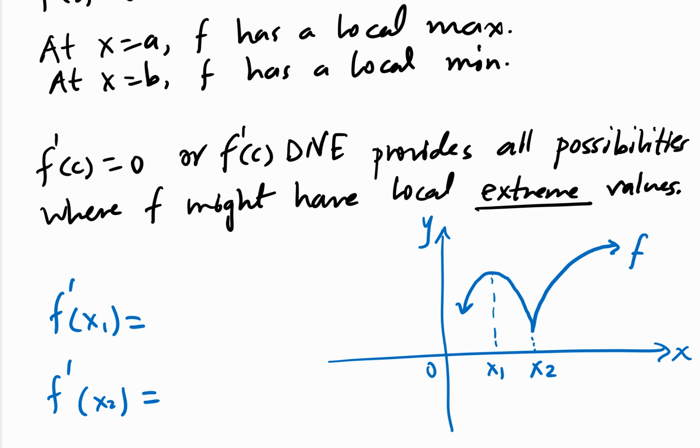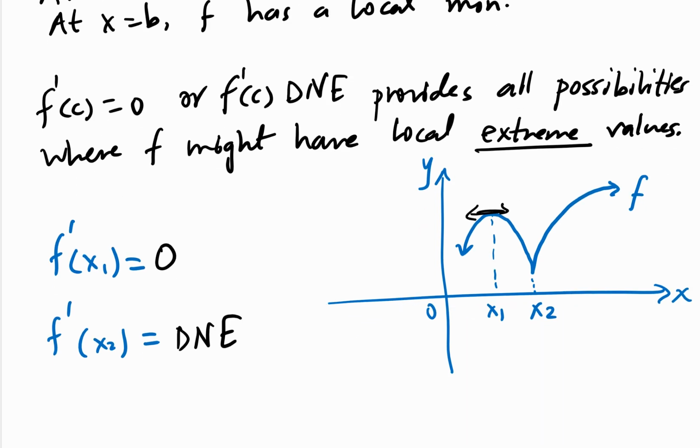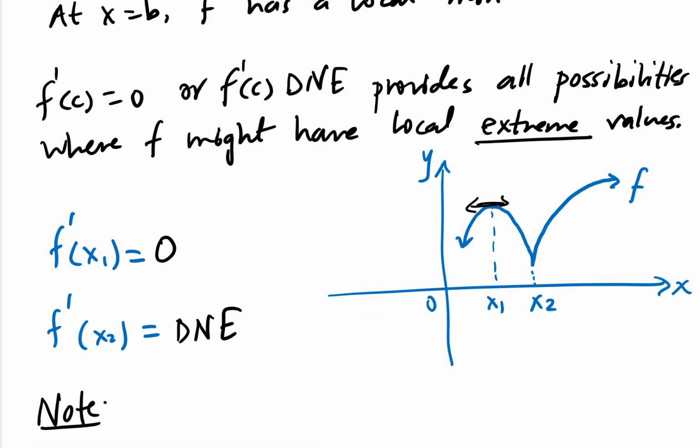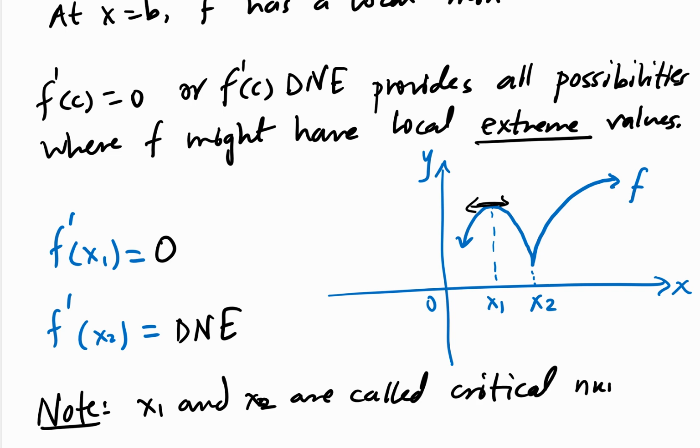So f prime at x equal x1 is 0, and the other one does not exist. Note, x1 and x2 are called critical numbers.